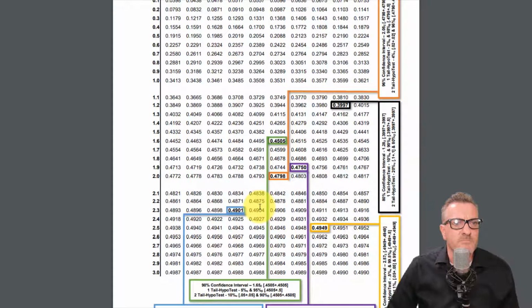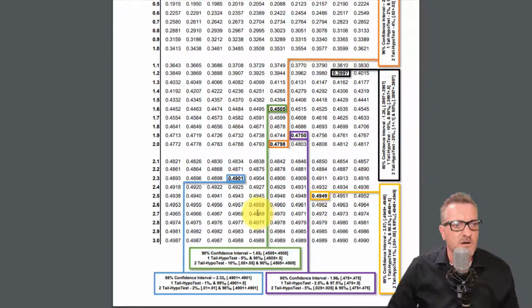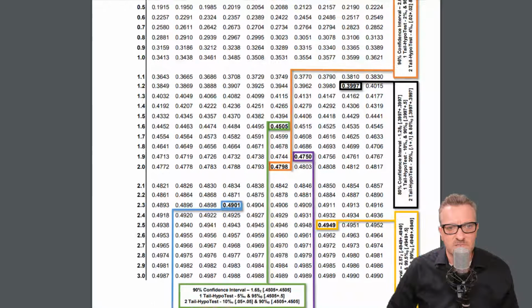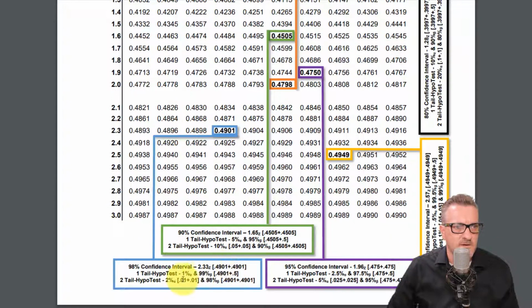Okay, so this is where we use our nice annotated things I made you, which say one tail or two tail hypo test. I'm going to zoom in. They're down here at the bottom. So we can do a couple things here. It's one tail because the alternative hypothesis is that he is faster, which means less than.